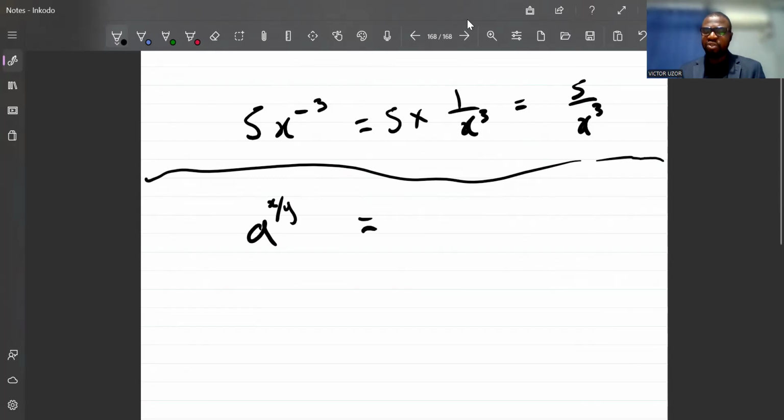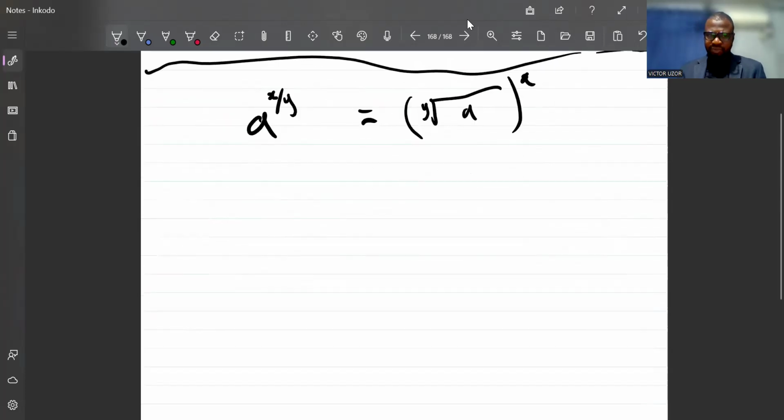It is always going to be the yth root of a raised to power x. I'm going to simplify because there are two laws here. For example, if I have 4 raised to power half, it is the same thing as square root of 4, which will give me 2.